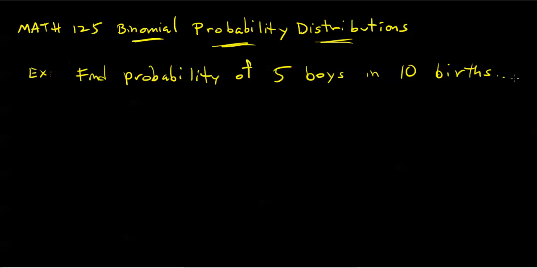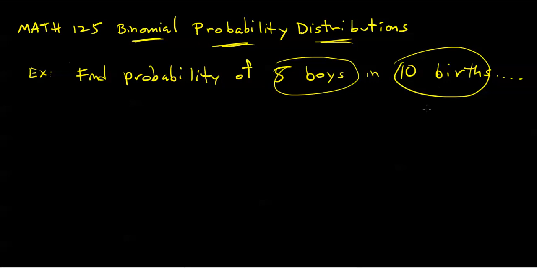Basically, we're looking for the probability of a certain amount of what we call successes in a certain amount of trials. So we've got 10 trials here, and we're looking for 5 boys, and I'm going to call what we're looking for the number of successes.